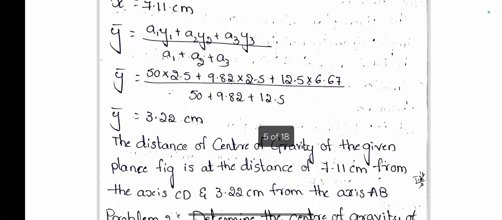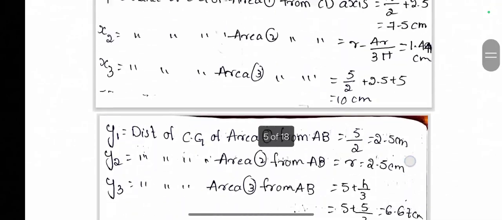So A1 is 50 centimeter square, Y1 we got is 2.5 centimeter, A2 is 9.82 centimeter square, Y2 is 2.5 centimeter, A3 is 12.5 centimeter square and Y3 is 6.67 centimeters, divided by A1 plus A2 plus A3, which is 50 plus 9.82 plus 12.5, which comes to 3.22 centimeters.